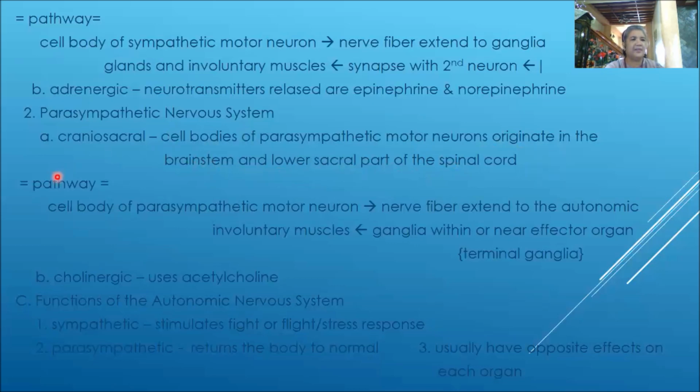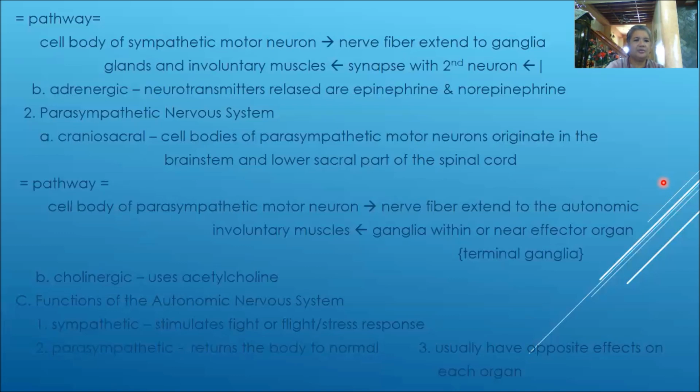which we will see later. Now, the pathway here, the cell body of parasympathetic motor neuron will go to the nerve fiber extending to the autonomic ganglia within or near the effector organ. This is your terminal ganglia.